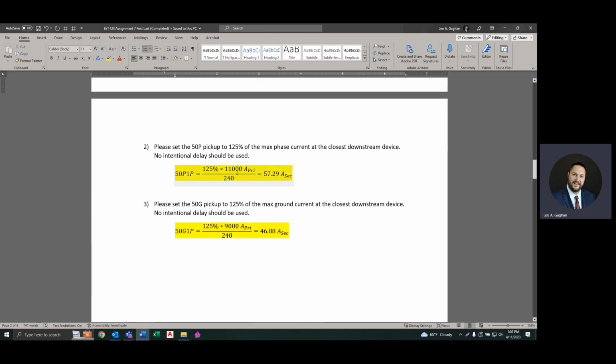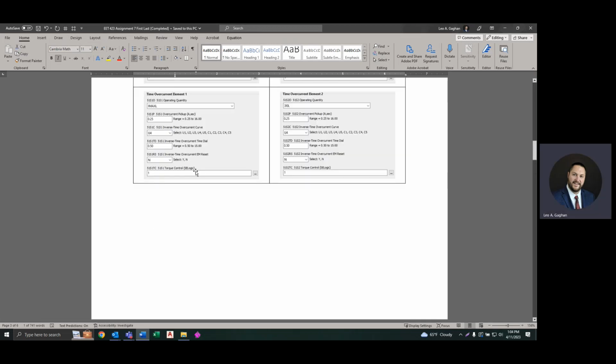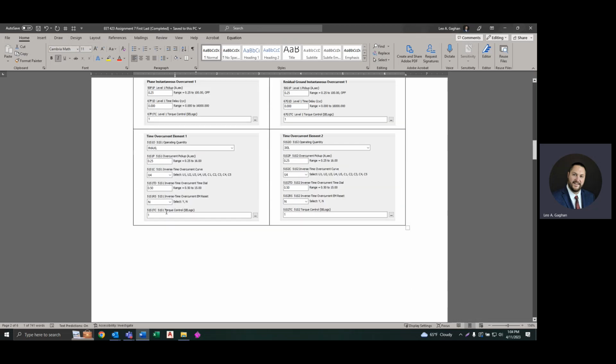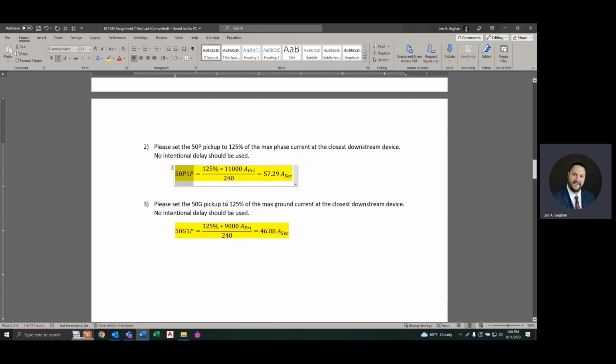Take that 1100 amps, multiply it by 125%, and divide it by the CTR, which was 240, and that'll give us our 50P pickup. I used 50P1P, the name of the setting that you would actually put it to. I didn't change out the snips here.